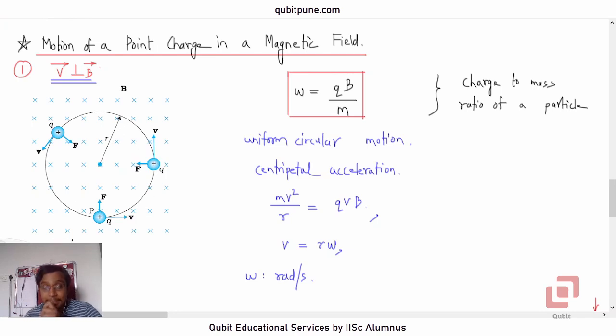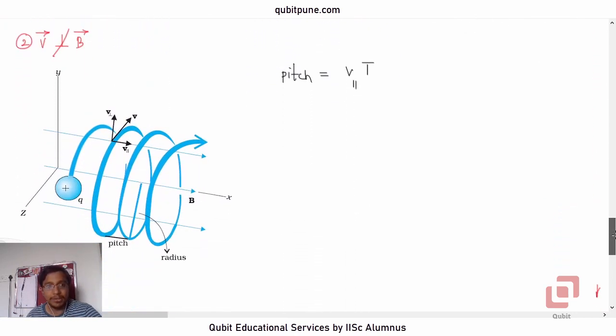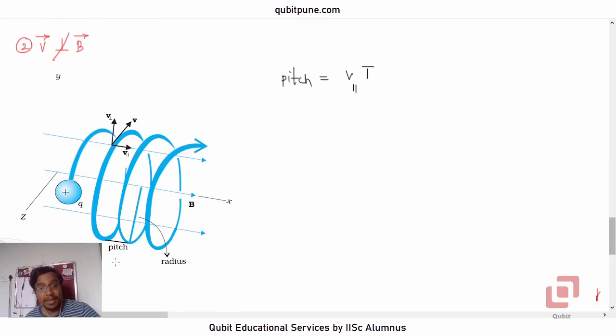And if the velocity is not perpendicular to the magnetic field, then in addition to the circular motion, the particle's velocity always has a component along the magnetic field, isn't it? So let us resolve V bar into the perpendicular component and the parallel component.